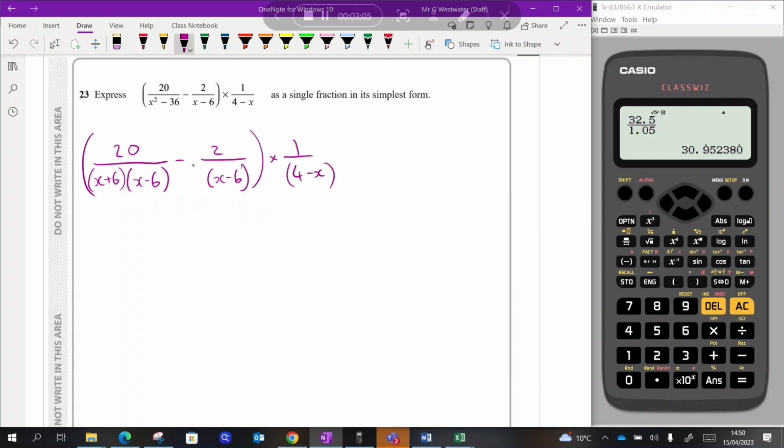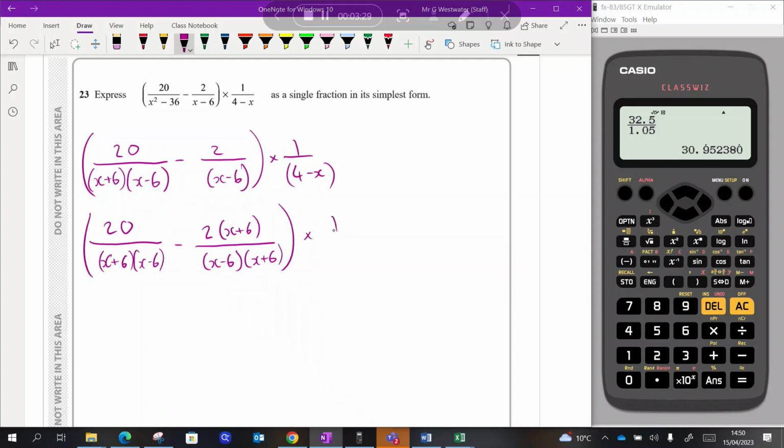So all I actually need to do is multiply this fraction on the right here by x plus 6. So minus 2 times x plus 6 over x minus 6, x plus 6, and 20 over x plus 6, x minus 6.